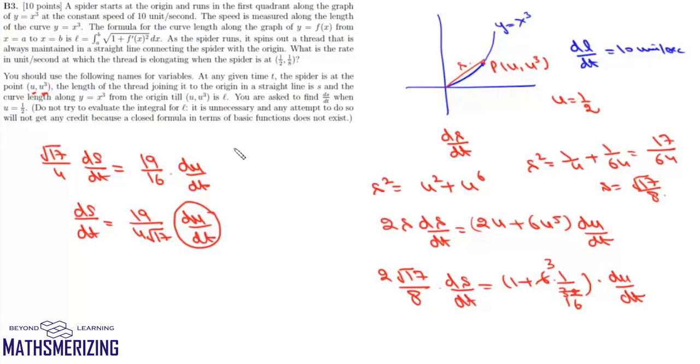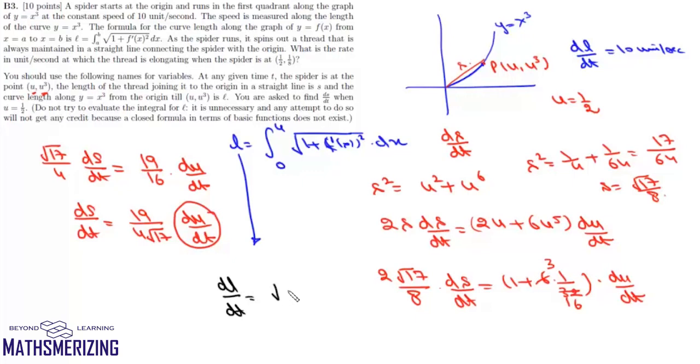Now we know that length of this curve L is given by this integral from 0 to u, and it will be under root of 1 plus f dash x whole square into dx. Now we'll differentiate it with respect to t. We can write dl upon dt as under root of 1 plus f dash u square into du by dt.